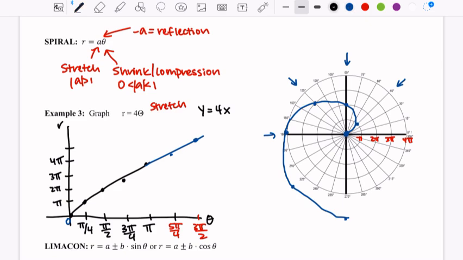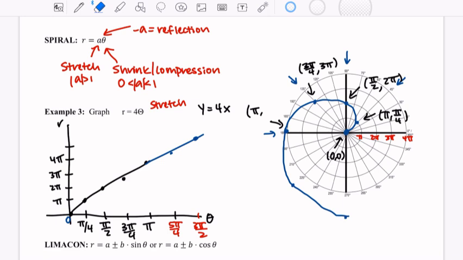Okay, labeling a couple of key points. This was 0, 0. This was pi over 4. This was pi over 2, 2 pi. This was 3 pi over 4, 3 pi. And this was 4 pi.